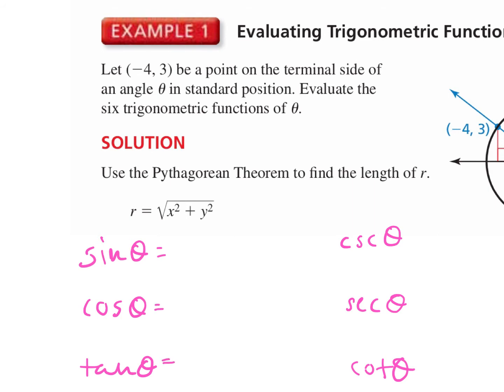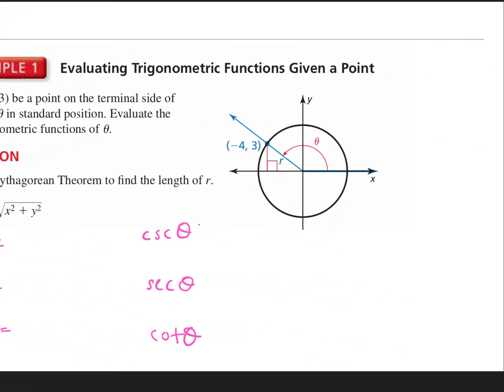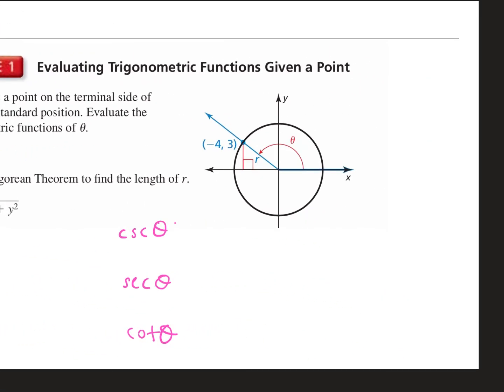Now for each of our 6 trig functions, to evaluate these, we need to know what our x is equal to, our y is equal to, and our r is equal to.